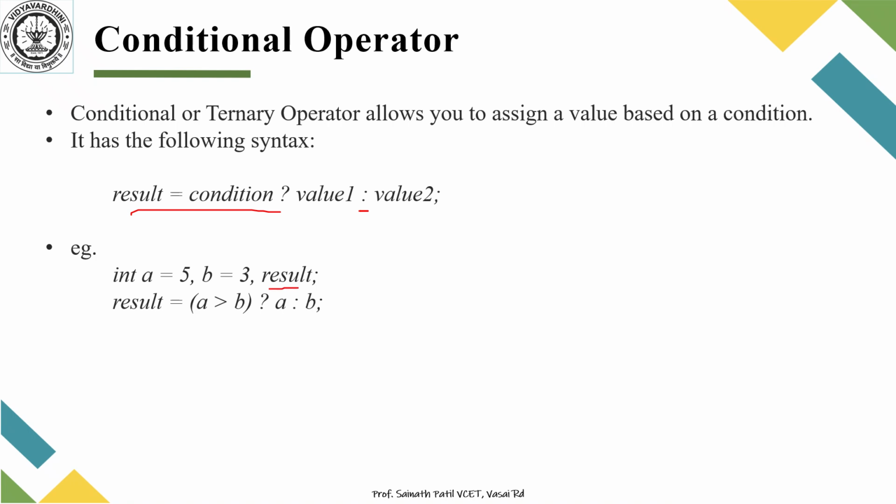So result is equal to condition is given like this: a greater than b question mark a colon b. So in this case, value of either a or b will be assigned to the result depending on this condition. Now in this condition, a greater than b, a is 5. So value of a will be assigned to result. So result will be 5. Otherwise, it would have been b.